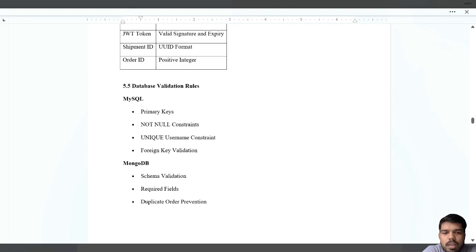Talking about the database validation, database validation helps maintain the data integrity. In MySQL, primary keys, not null constraints, unique usernames, and foreign keys are used.